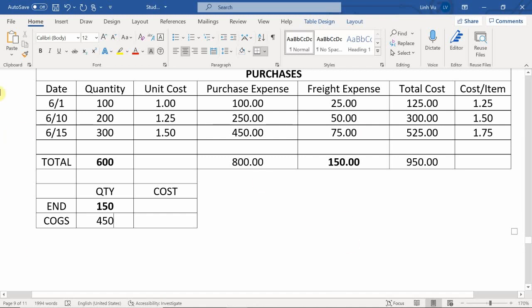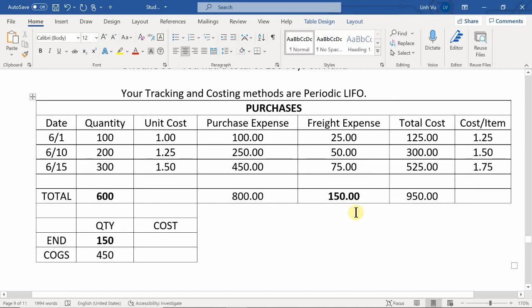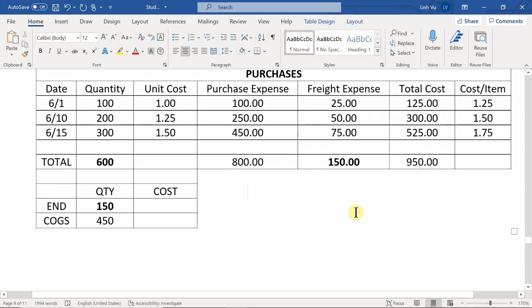So this time, how am I going to calculate my cost of goods sold? Which batch of inventory am I going to be taking out from first if I'm using the LIFO method? The 300. We're going to take out from the 300. So 300 times $1.75, which we know to be a total of $525.